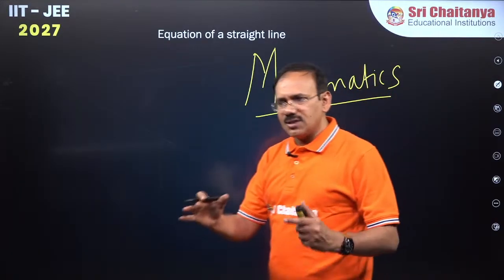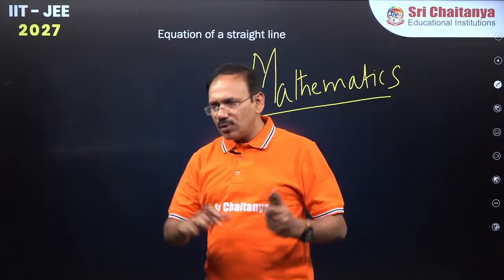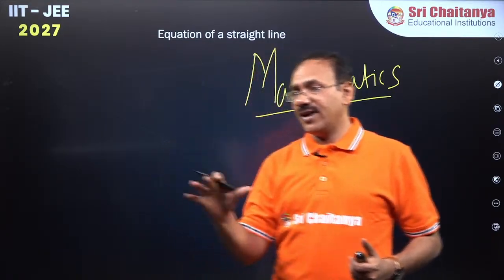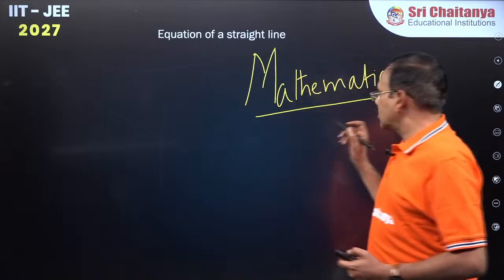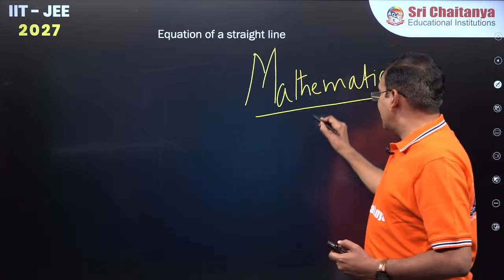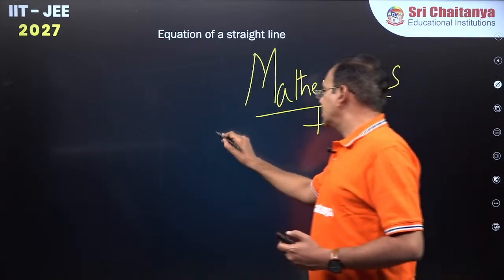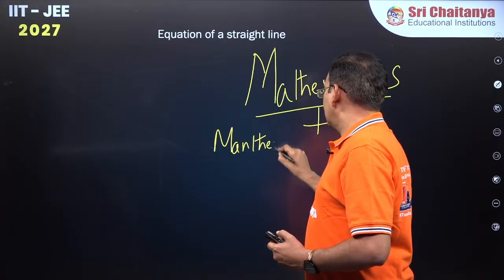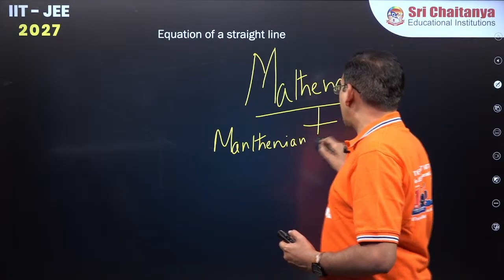So you're all awesome. All your answers are almost correct. But dear students, listen to me. You see, dear students, the word mathematics has come from two words, manthanein and techne.